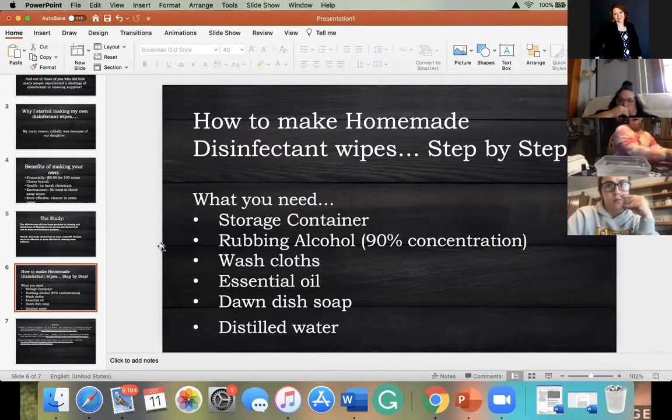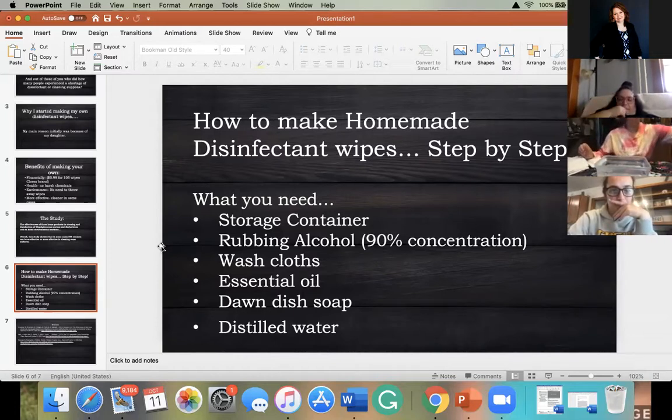And then it calls for about 10 to 15 drops of your essential oils. Personally, it's just up to you on how much you really want to use and how strong of a smell you want. I don't know about you guys, I cook like this. I just go with the flow and hope for the best.